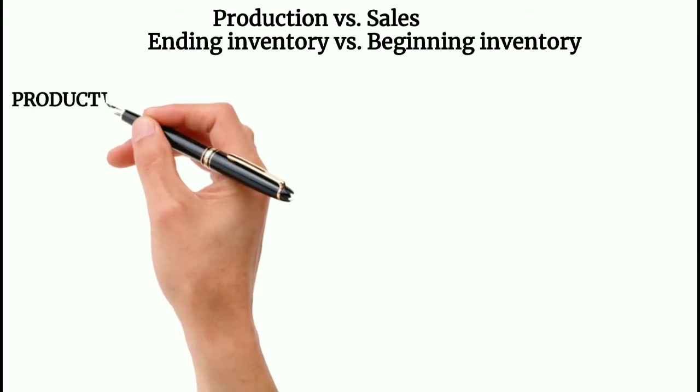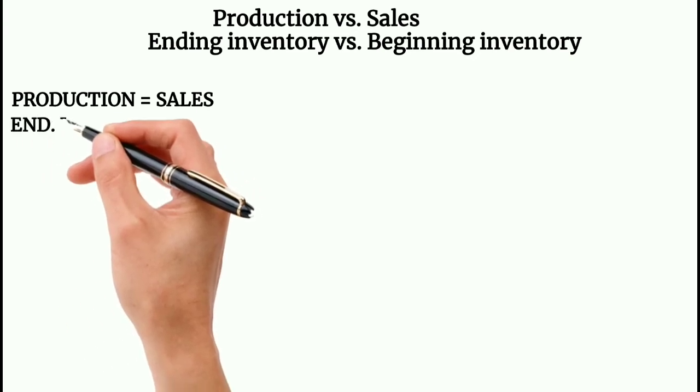In order for you to master absorption costing and variable costing, you need to study the following patterns. Kung yung production ay equal sa sales, that means there is no change in inventory.